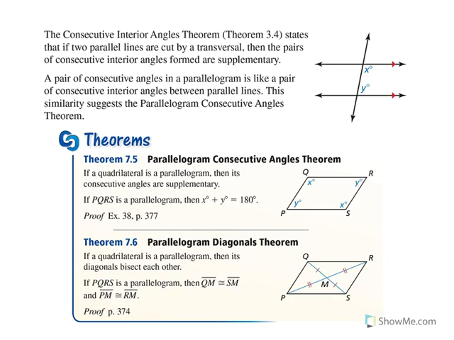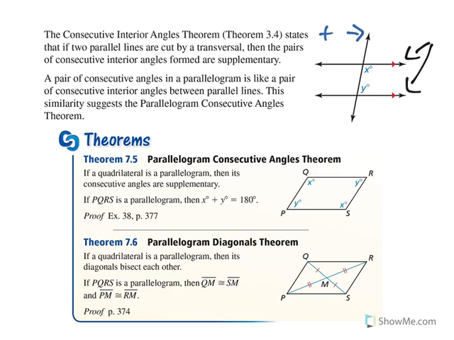So we can kind of think back to when we had parallel lines and transversals. In this picture that we have up here, we have a set of parallel lines right here. We have our arrows that show us they're parallel, and then we have our transversal. Remember, when a transversal cuts across parallel lines, it makes different sets of angles.